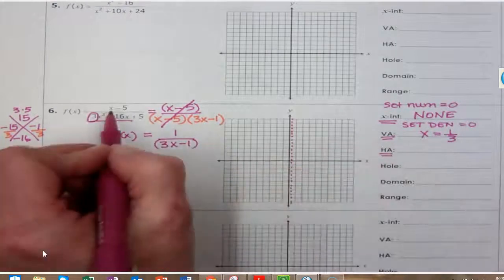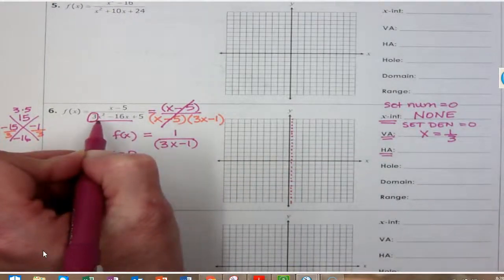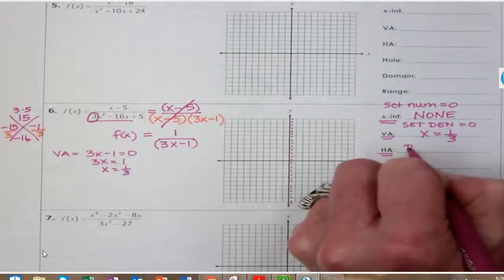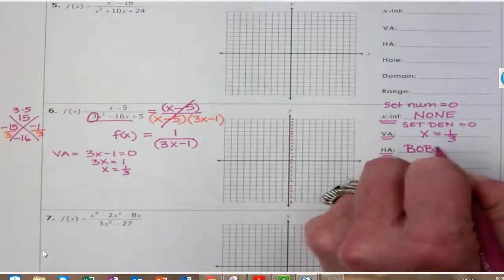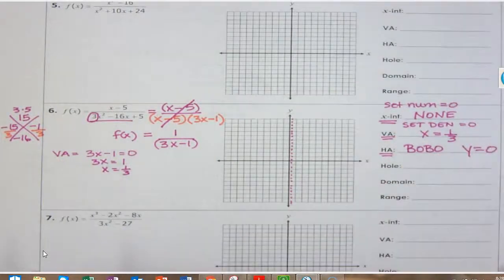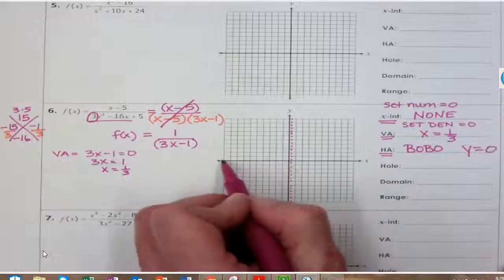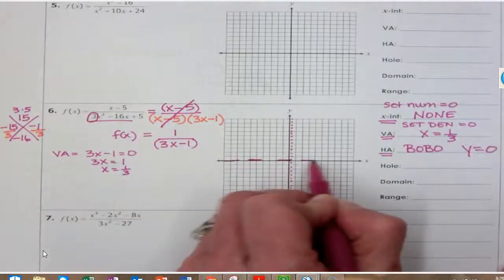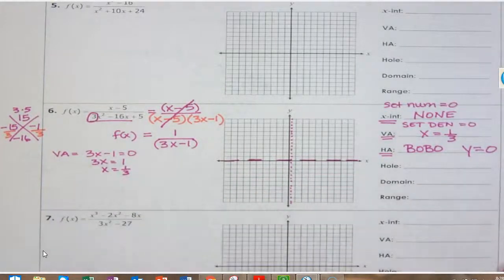And I'm going to notice this is x squared. It's bigger on the bottom. Bigger on the bottom, so that's a BOBO. So my y is going to equal 0, which means my horizontal asymptote is going to go right on the x-axis.